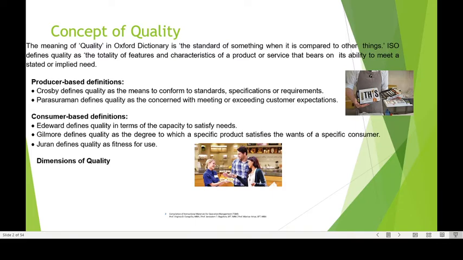And then we also have ISO, which defines quality as the total quality features and characteristics of a specific service or product. Pag sinabi nating ISO, kadalasan ito yung mga standard category ng mga bagay-bagay, or it can either be products or services or performance of employee inside the organization.